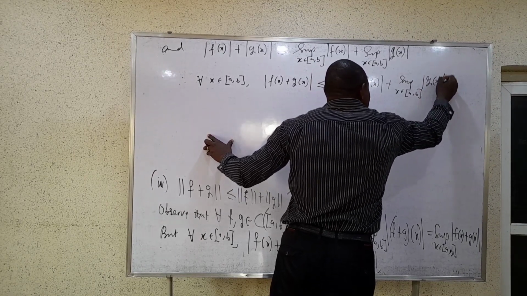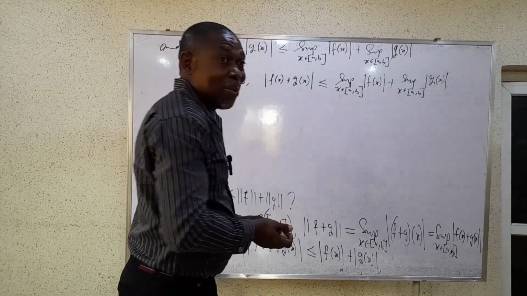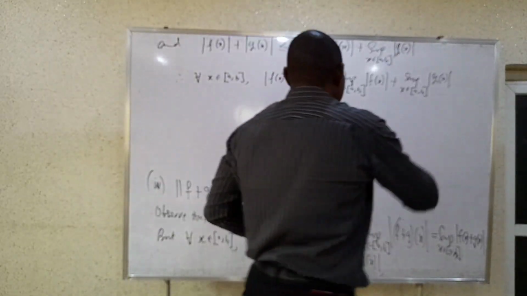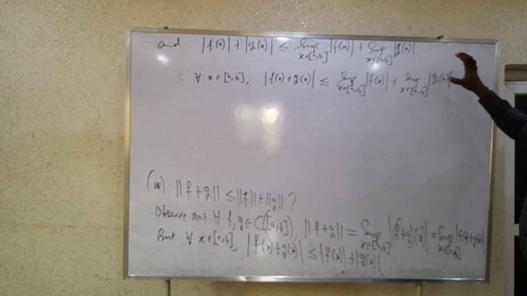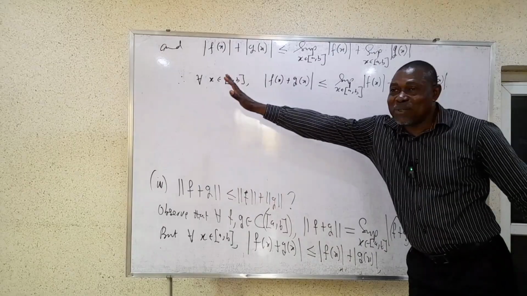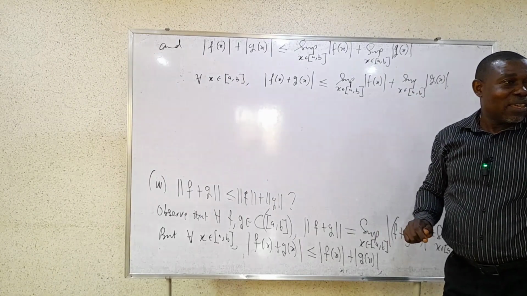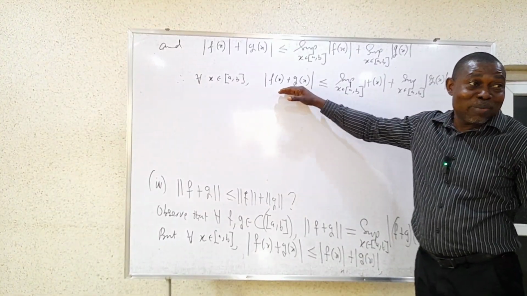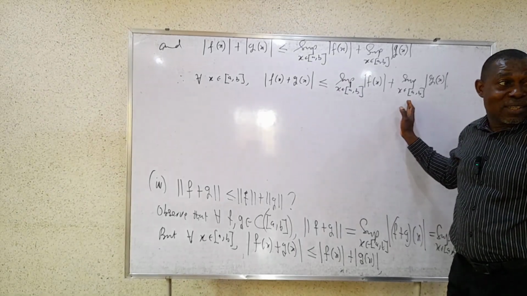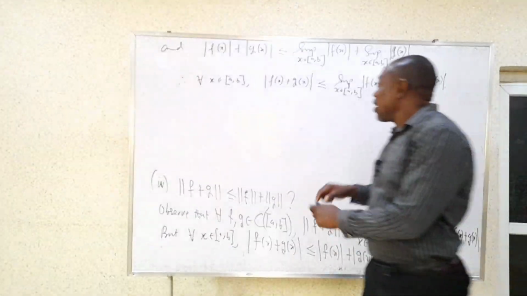This means therefore that this number here is an upper bound for this collection. As it is an upper bound, the least upper bound of this collection must be smaller than what it is. I hope you're following me.